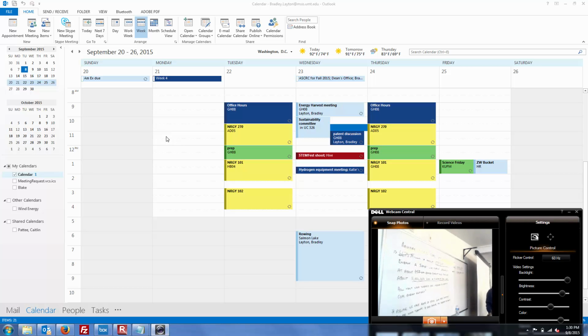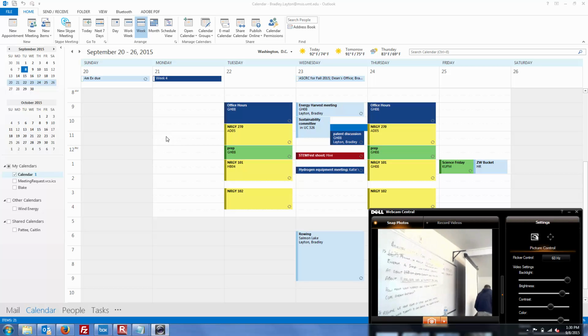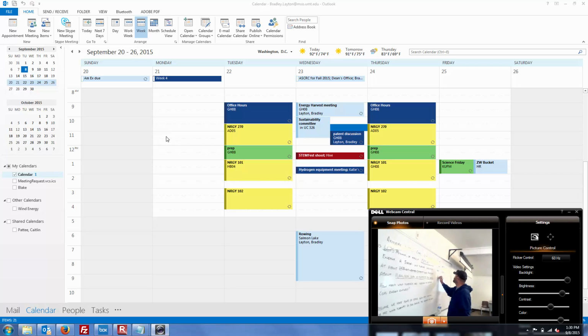That's useful information. So our variable in this, our unknown, is how many wind turbines. Okay?